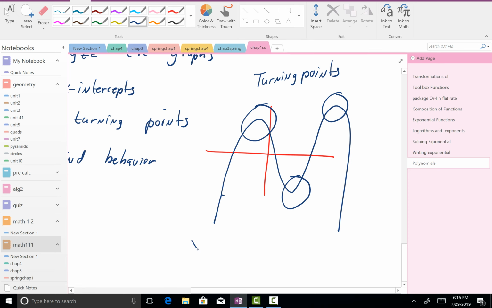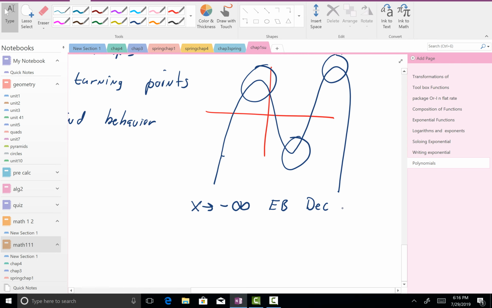As x approaches negative infinity, the end behavior is decreasing, or approaches negative infinity. You can say it either way.